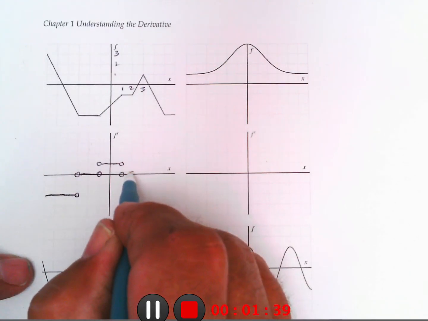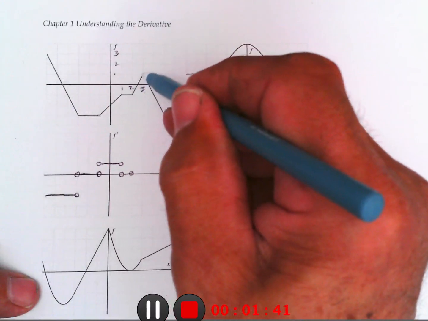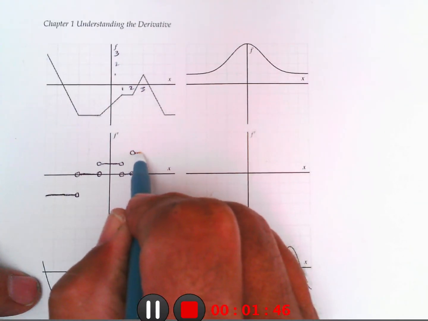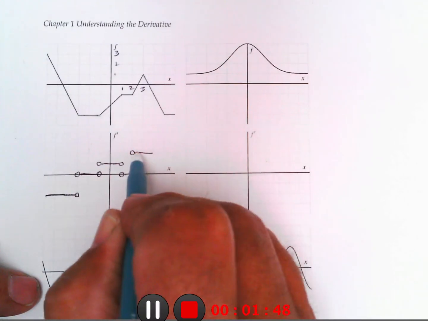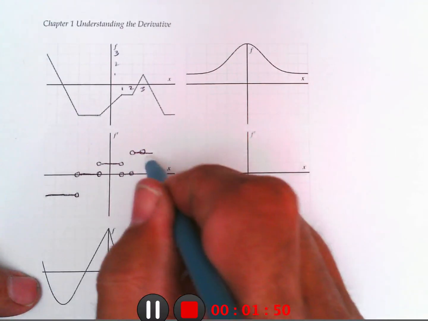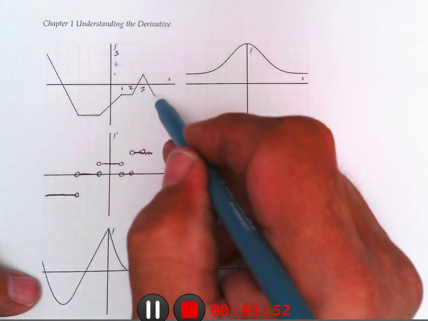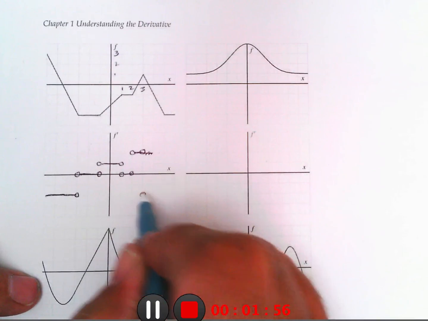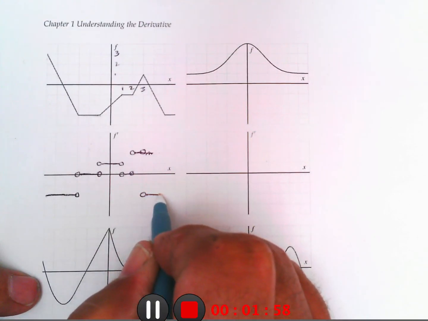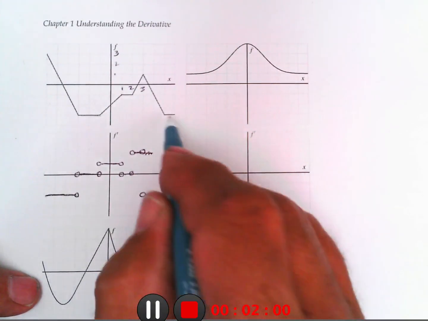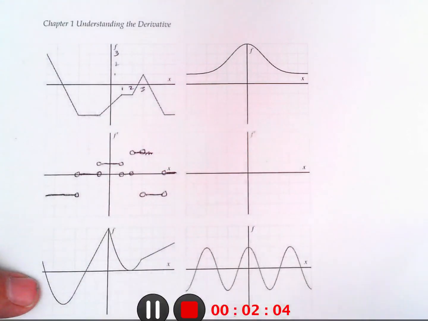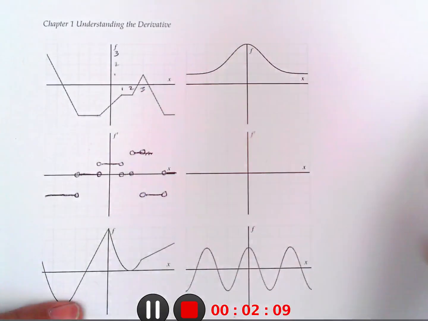Then it looks like it goes to a slope of 2 for 1 unit. And then it goes to minus 2 for 2 units. Slope is minus 2 from there to there. Then it goes quickly back to slope of 0. Okay, that was the first one.